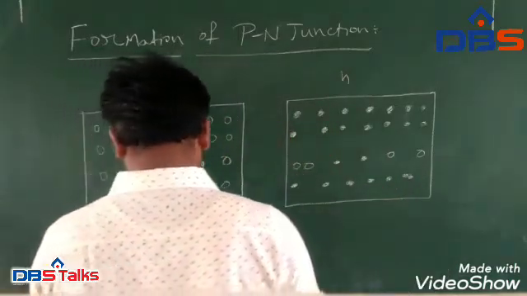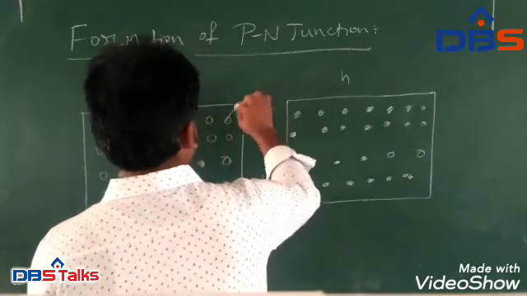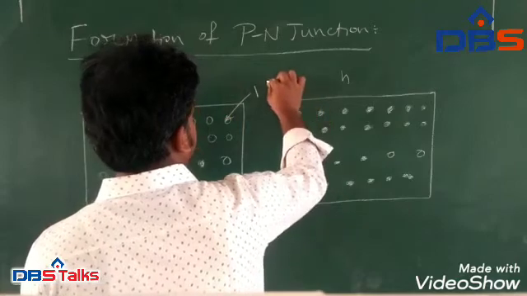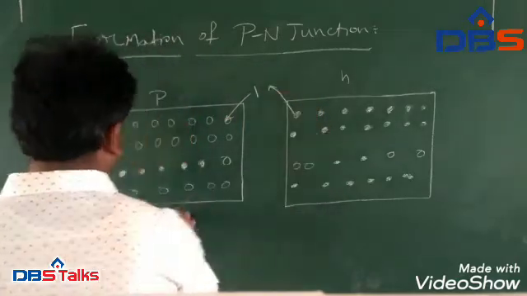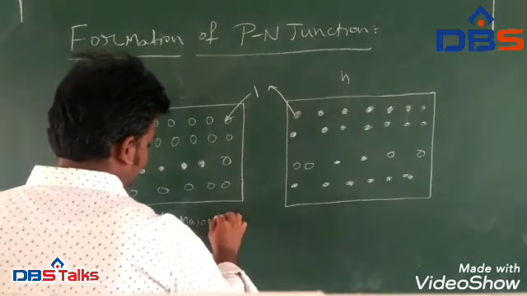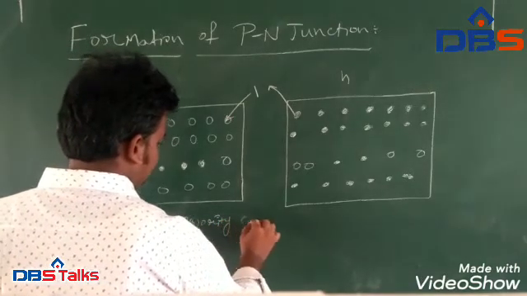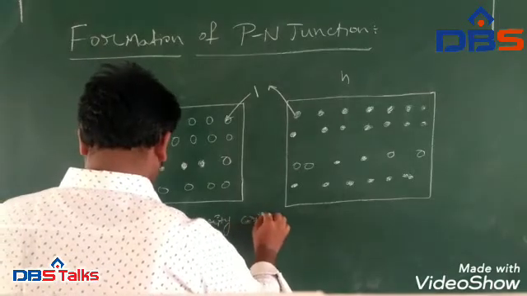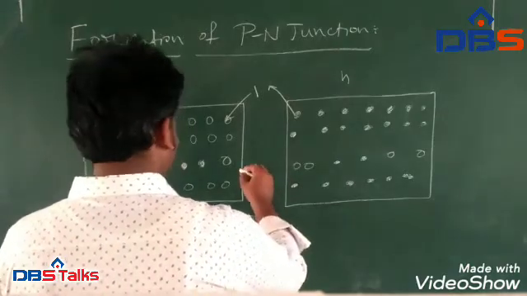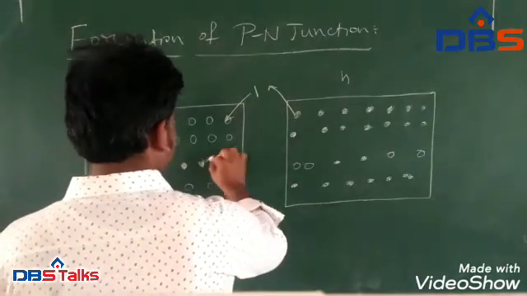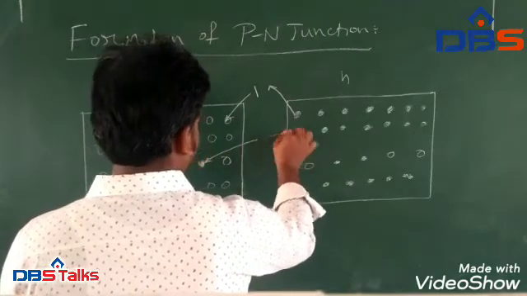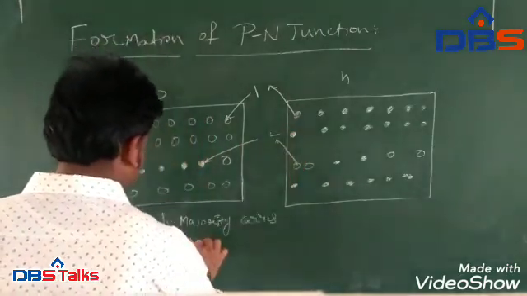Here we represent with numbers: number 1 represents majority carriers in the different types of semiconductors, and number 2 represents minority carriers.